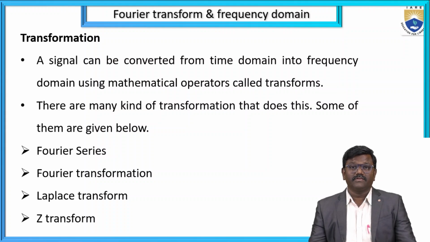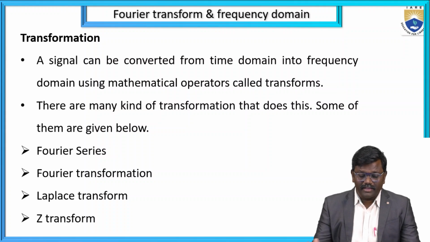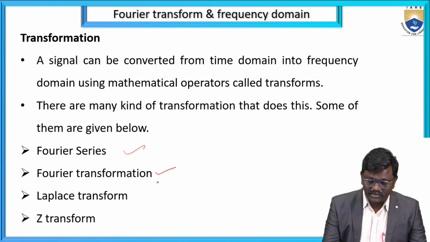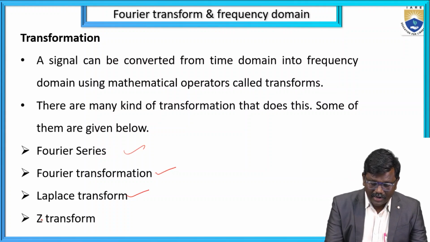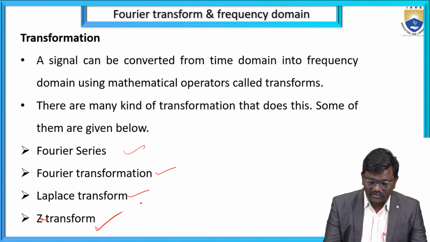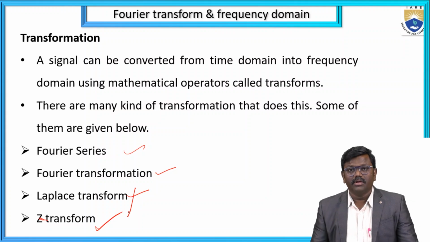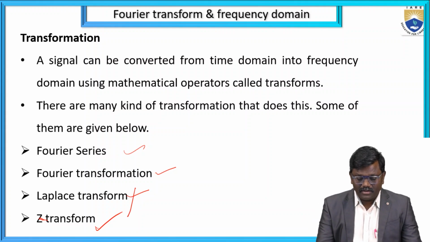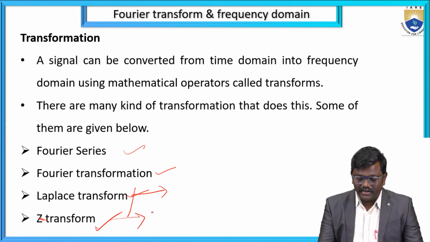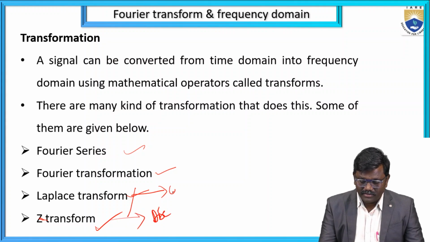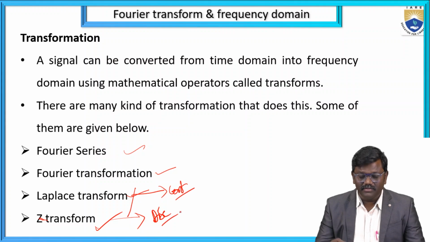Some of them are given below: Fourier series, Fourier transformation, Laplace transformation, and Z transformation is also very important. Z transform we calculate as discrete. The Laplace transform will apply to continuous signals, but the Z transform will calculate in discrete only. In discrete it is a continuous frequency signal.